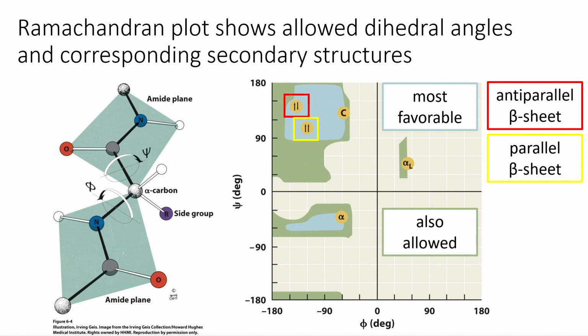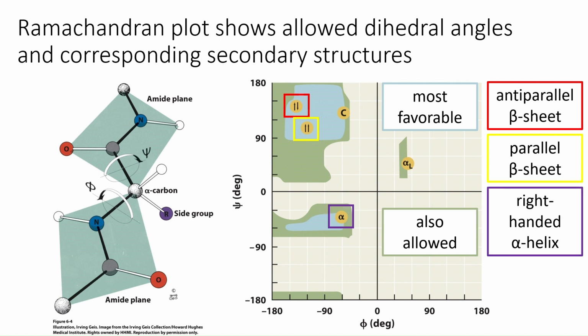Just underneath that, we have in yellow the parallel beta sheet. Those angles are a little bit less than planar, right? If it's all 180 degrees, we're all planar. So an anti-parallel beta sheet gets us the closest to planar. The parallel beta sheet is a little bit less planar because the angles are not quite as close to 180 there.